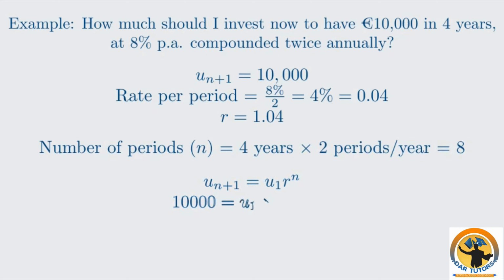Plugging in our values, we get 10,000 equals U_1 times 1.04 to the power of 8. To find U_1, we divide 10,000 by 1.04 to the power of 8. This calculation gives us approximately 7,306 euros and 90 cents. So you should invest 7,306 euros and 90 cents now to reach your goal.